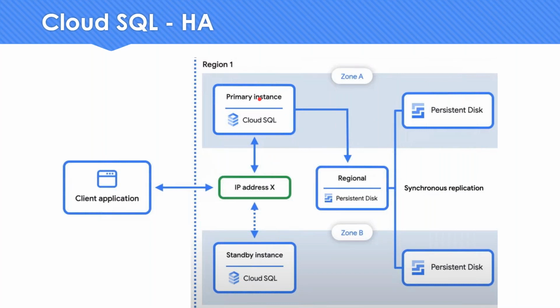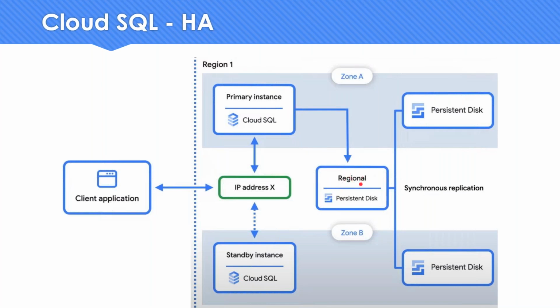This virtual machine uses a regional persistent disk. Persistent disk can be zonal or regional, as we have seen. Actually it's not regional, it's going to be dual zone only, so it's a regional persistent disk that they would have configured.